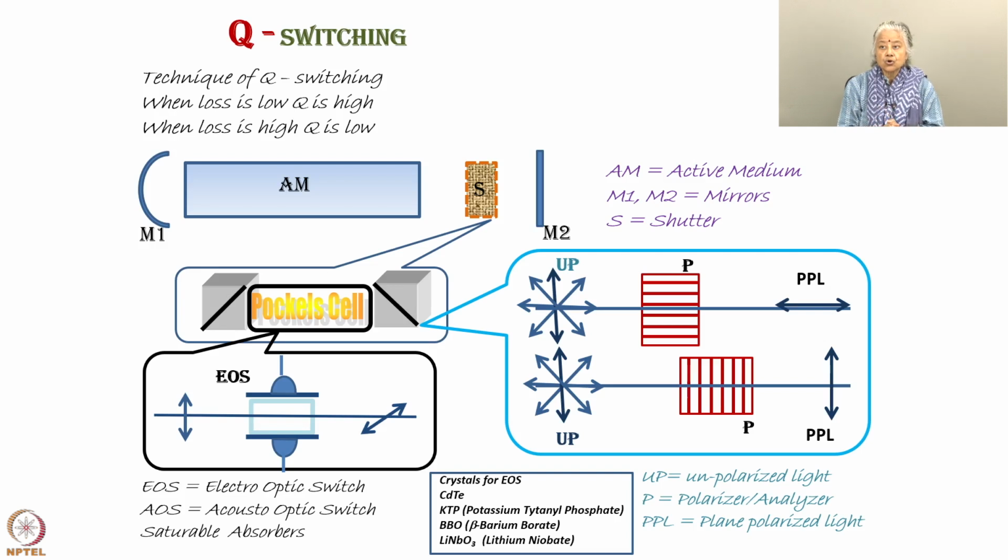Saturable absorber is also a kind of shutter. Saturable absorbers are called passive shutters because there is no electrical signal or anything required for them, while EOS and AOS are active shutters. Okay.